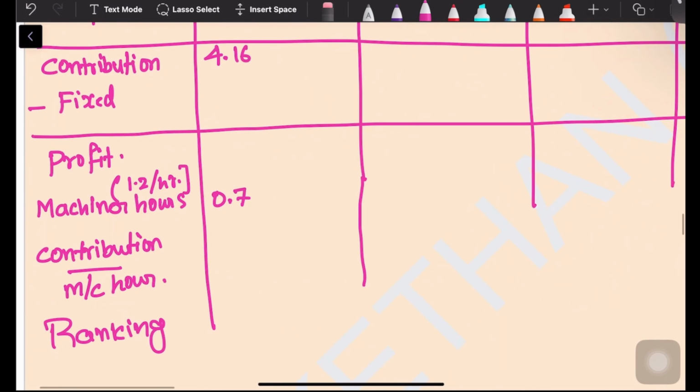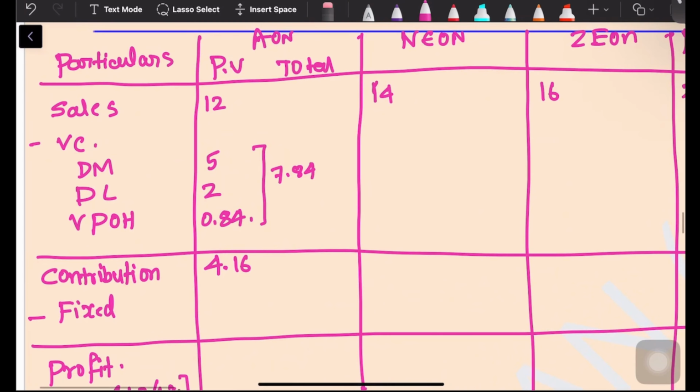Then contribution per machine hour, 4.16 divided by 0.7, 5.942 per hour. So now we can also calculate the total. So AON, how many units?